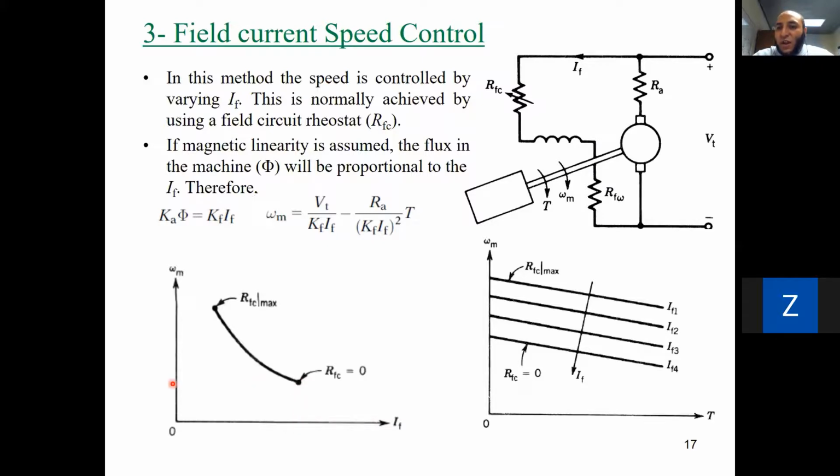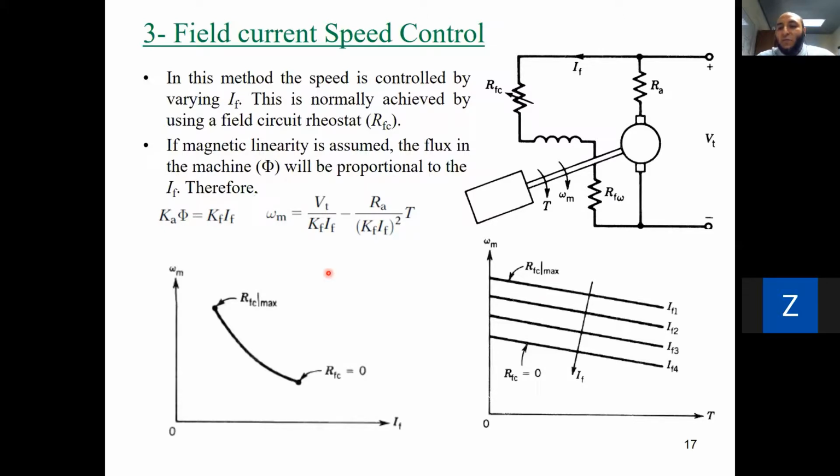If we start increasing the value of RF control in this direction, because the field resistance and the added resistance will increase the value of the branch, the current will decrease, and this will increase the speed of the machine. And we have a limitation for that, which is the maximum speed of the machine. So this is the third technique for speed control.